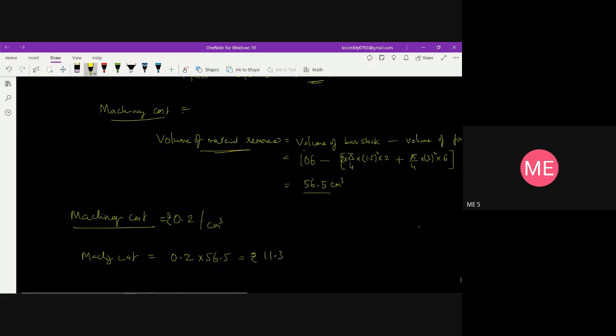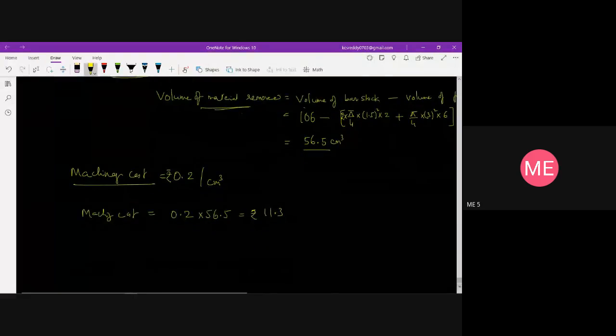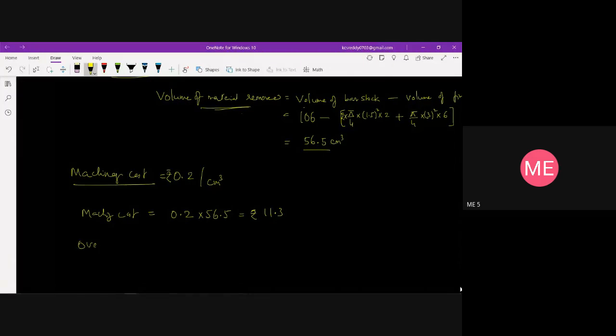So this is the machining cost, which is nothing but the labor cost, because he is the one who is going to do the machining operation. That is why it is taken as labor cost. For how much material is removed, he is going to get an amount of 11.3 rupees as labor cost.